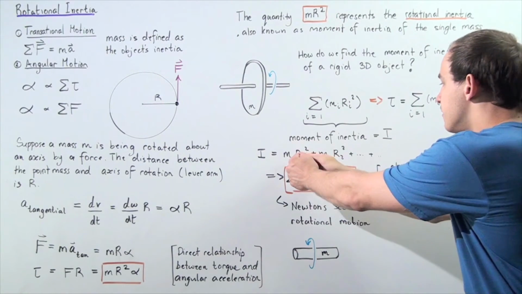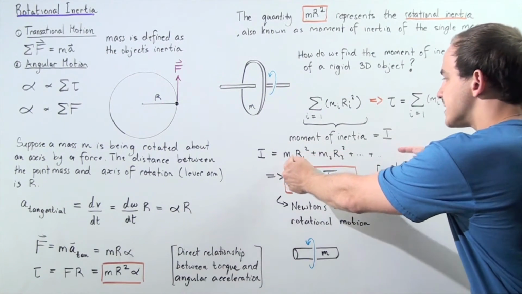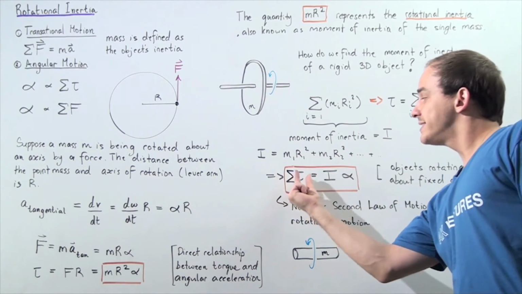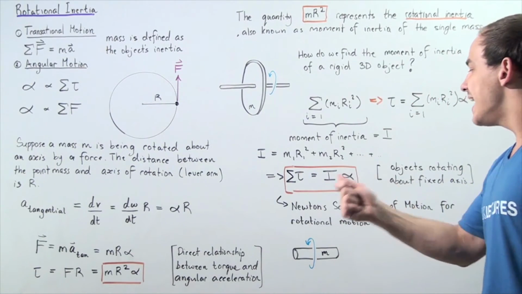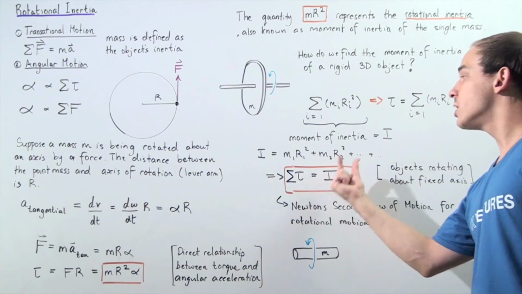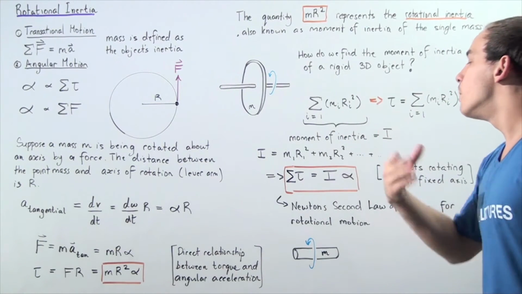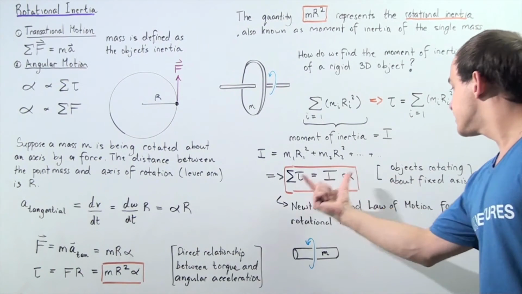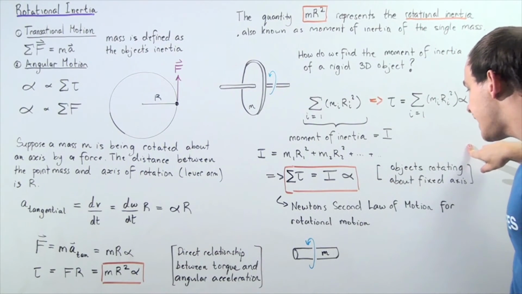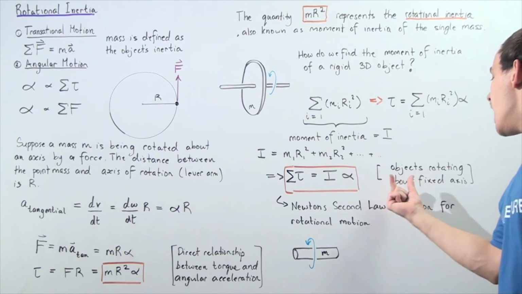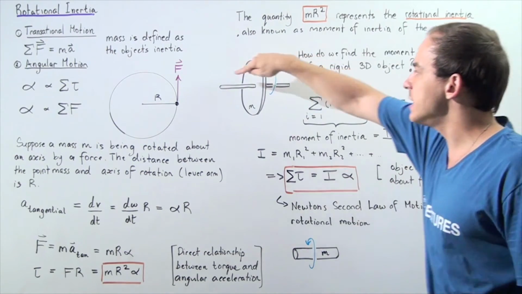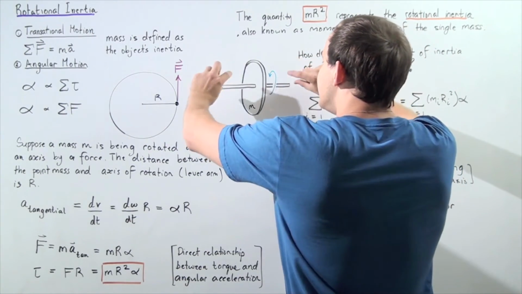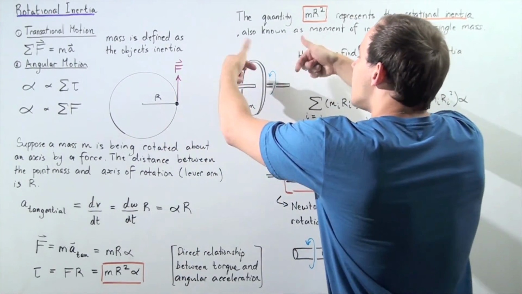Because this is a sum, we replace this sum with simply the capital letter I. Then the net torque acting on the object is equal to I, our moment of inertia for the rigid object, multiplied by the angular acceleration. This is the formula for rigid objects rotating about a fixed axis. In this case, we have the following fixed axis, and it's rotating in the positive, counterclockwise direction.